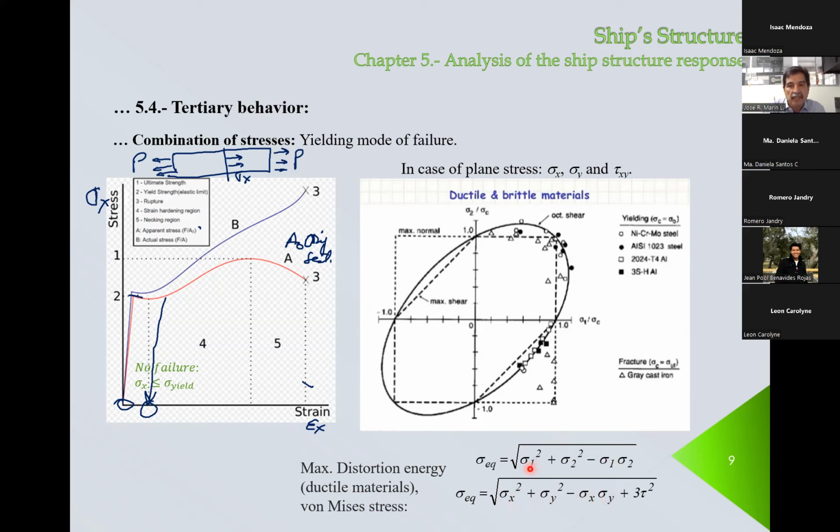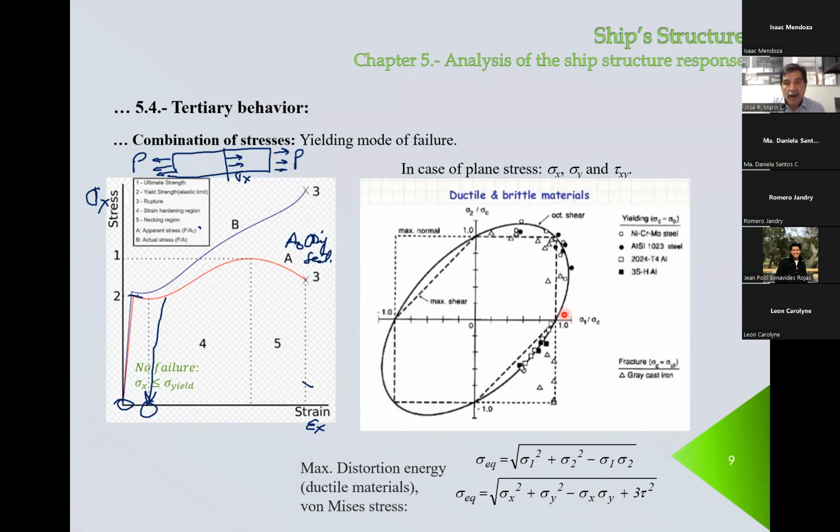You have sigma 1 and sigma 2, the principal stresses in the case of the Mohr circle, right? Remember that sigma 1 and sigma 2 could be expressed in terms of sigma x, sigma y, and tau xy, and in that case, this is the way this von Mises stress is expressed.